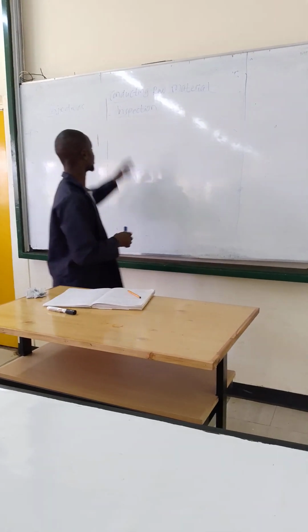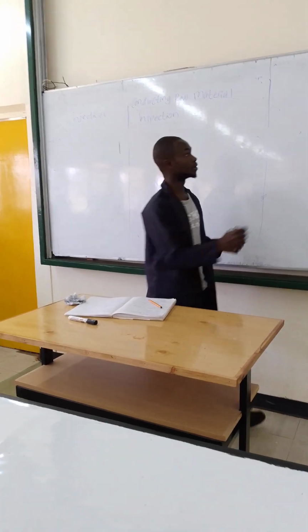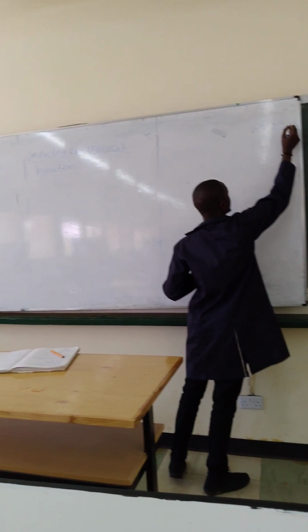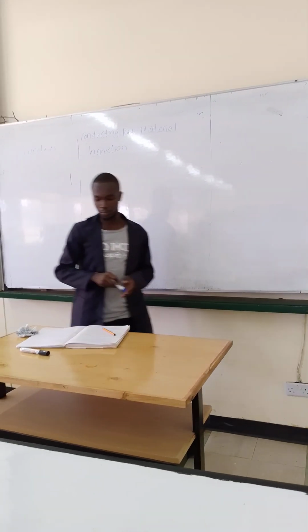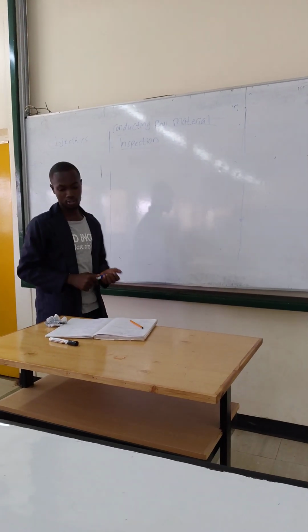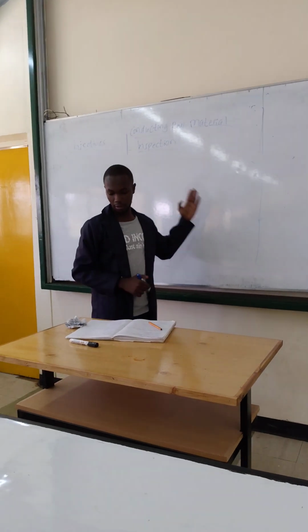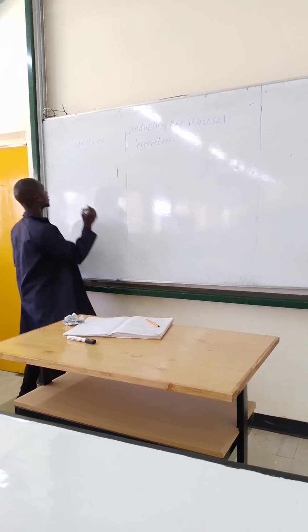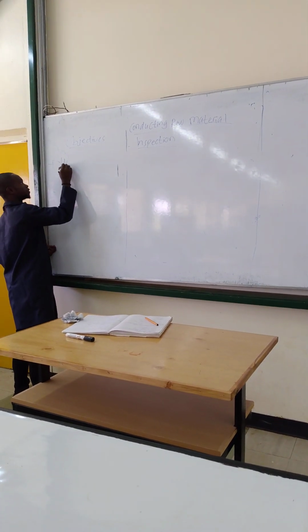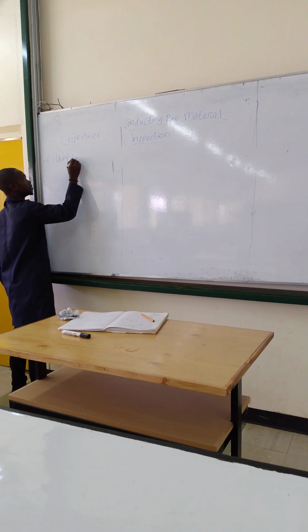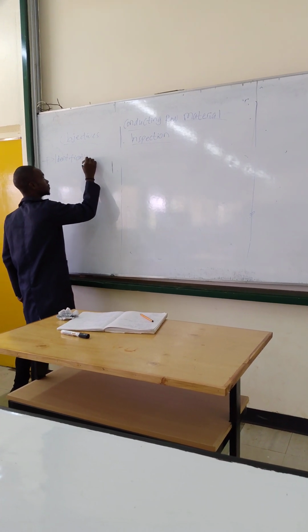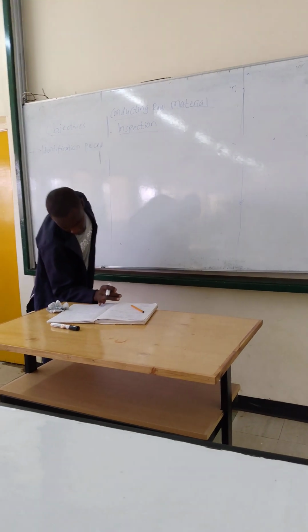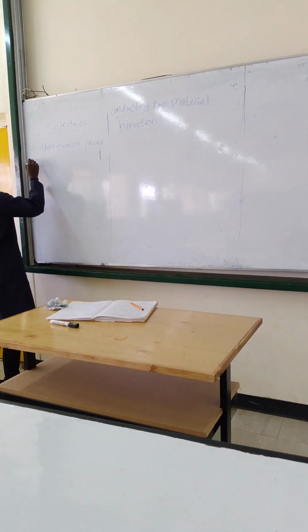Now, under conducting raw material, today's date is 6th March 2023. So today we are going to discuss conducting raw material inspection. And under this topic, I want to get some of the concepts, such as identification procedures for inconsistency.